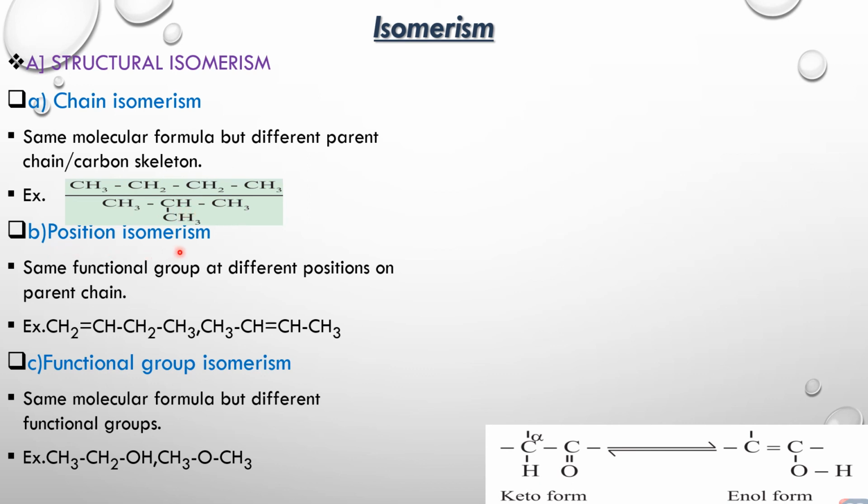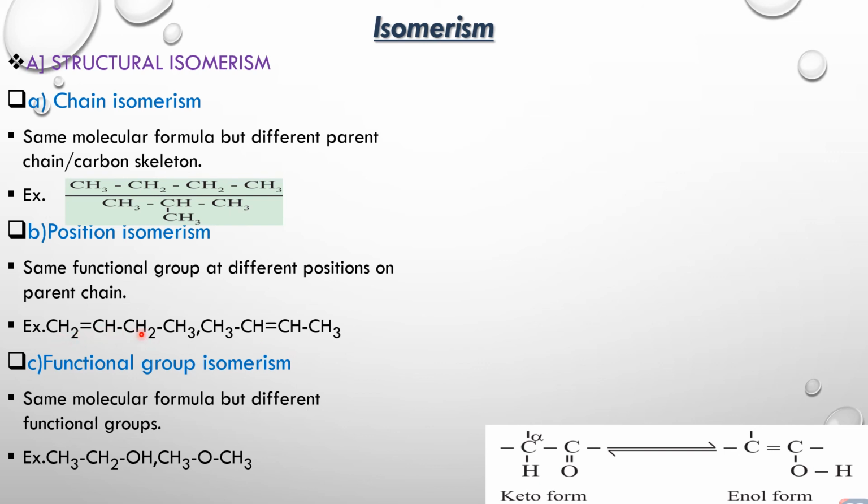Second type is position isomerism. In this case, there is the same functional group, but this functional group is at a different position on the parent chain. That means the position of the functional group is different in the 2 or more compounds. For example, but-1-ene and but-2-ene are examples of this type.